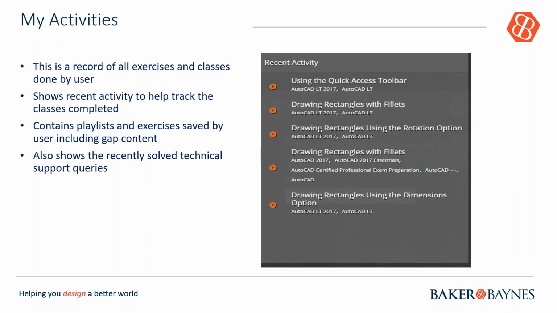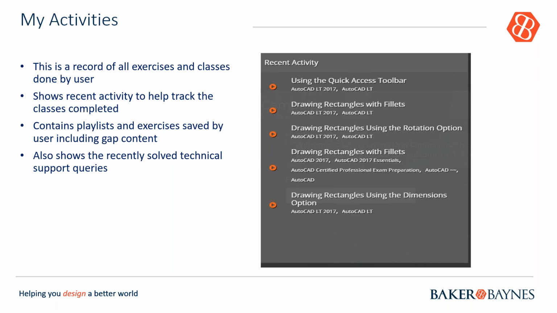And then my activities, this is just a record of all exercises and classes done by a user. It shows recent activity just to help you track the classes completed, and also the classes that you have saved, and also contains playlists and exercises saved for your user gap content.